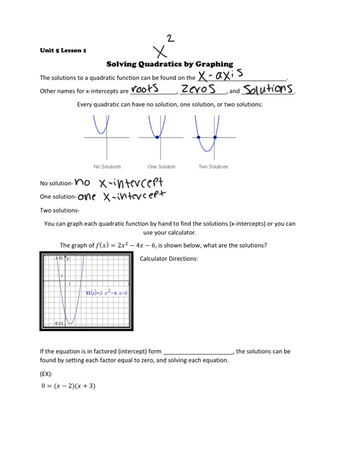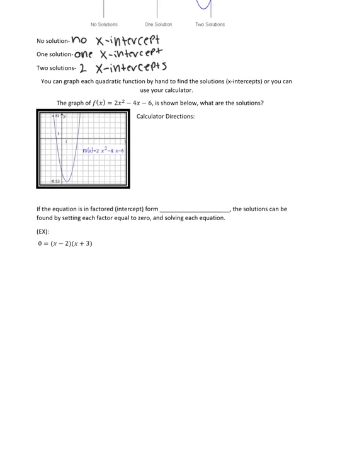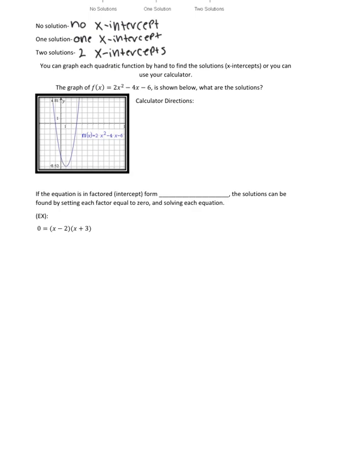And if you have two solutions, you have two x-intercepts. So the number of x-intercepts determines the number of solutions. Solutions are what you get if I take my graph, make an equation of it, and solve for x. Those are my solutions.